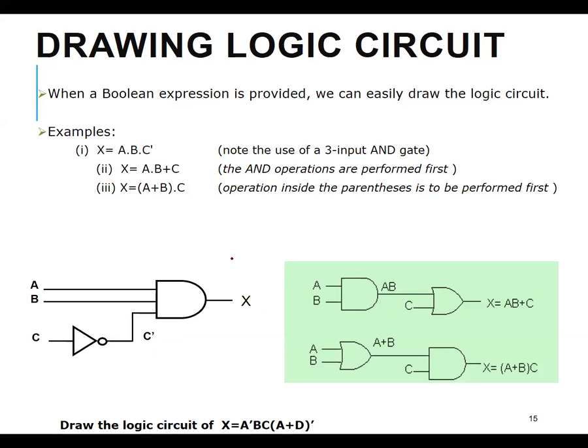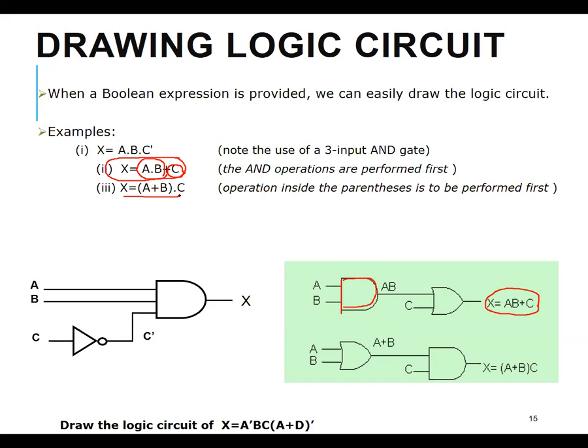The other expression is AB plus C, or A AND B, OR C. You can see a single gate to represent A AND B, and C on the other side, by ORing the output of A AND B and C. So you will get the final expression like this.